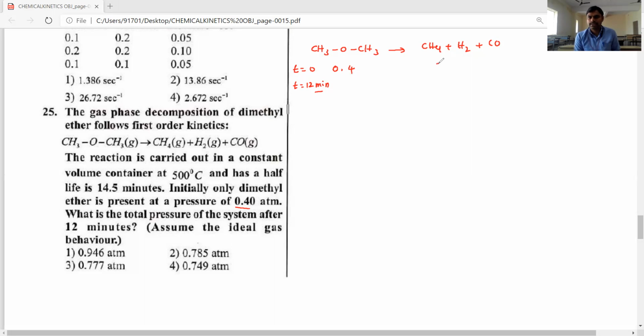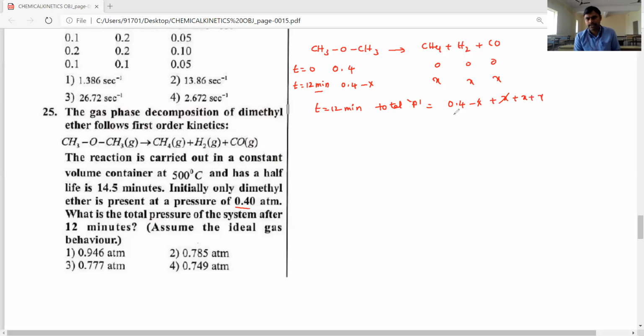Now if t is equal to 12 minutes, then the pressure of dimethyl ether has decreased by some amount, so it may be 0.4 minus x. And the pressure formed of methane is x, hydrogen gas is x, and carbon monoxide gas is x. Now the total pressure at t equal to 12 minutes is 0.4 minus x plus x plus x plus x.